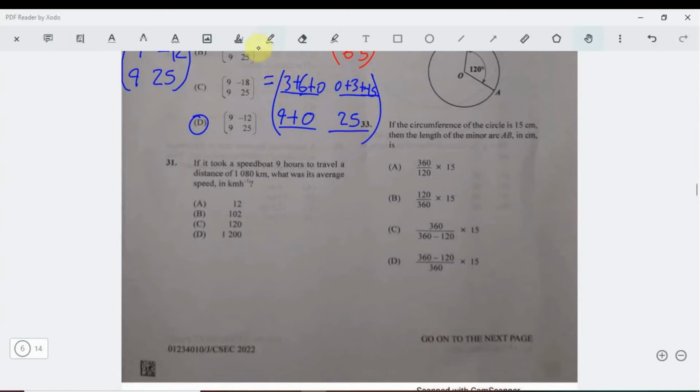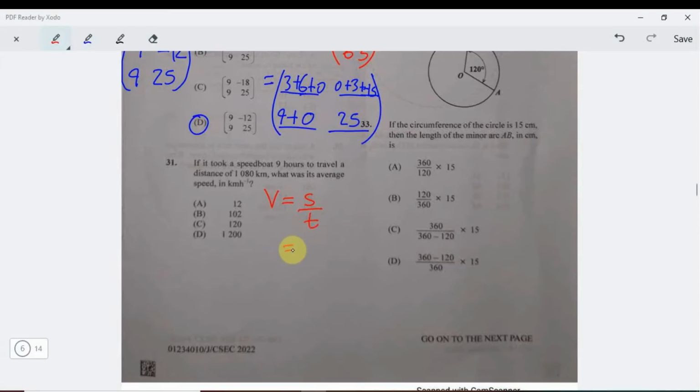Alright, question 31. It says, if it took a speedboat 9 hours to travel the distance of 1,080 kilometers, what is the average speed? Remember, speed is equal to distance over time. So the distance is 1,080 divided by the time of 9. 9 into 10 goes 1 time. 9 into 108 goes 12 times.